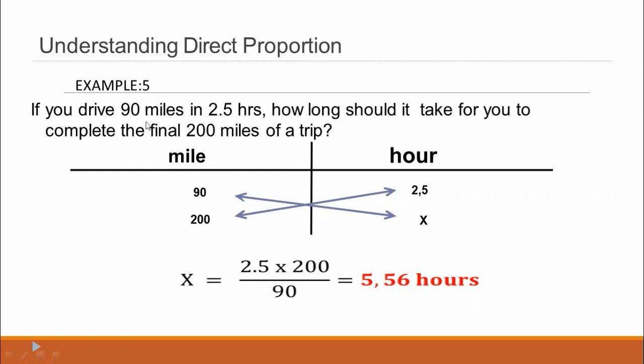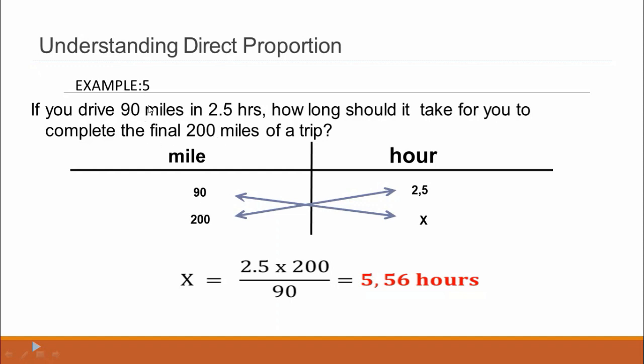Now another example. If you drive 90 miles in 2.5 hours, so 90 miles is present in the first sentence. How long should it take for you to complete the final 200 miles of a trip? So in this example, 90 miles in the first sentence and 200 miles in the second sentence.